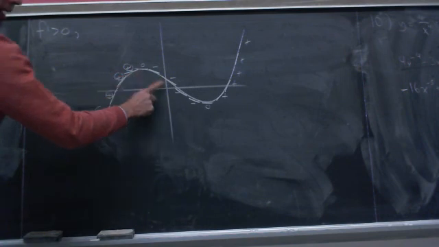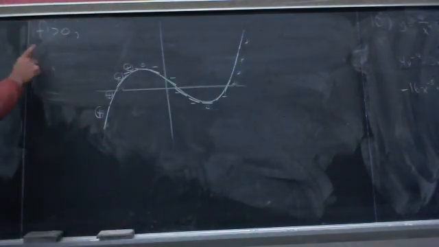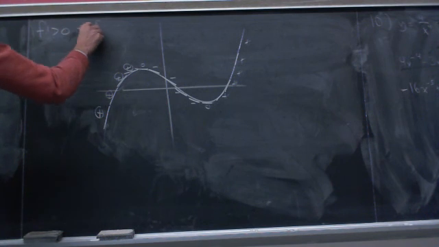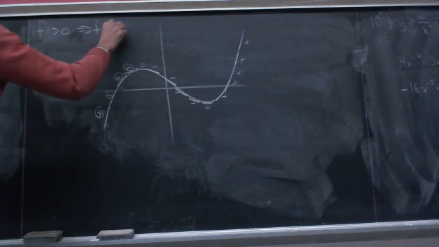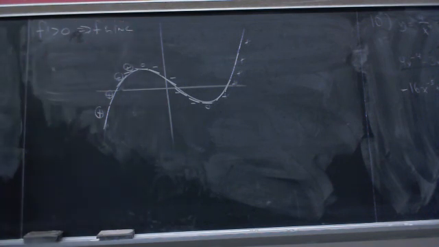So when f prime is greater than 0, this would imply that f is increasing on those intervals.